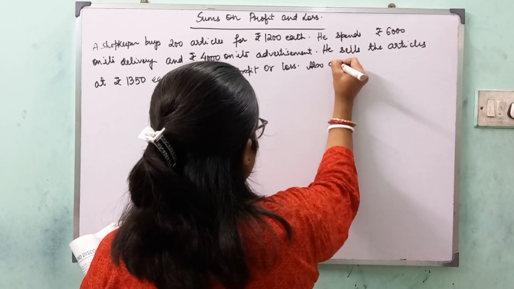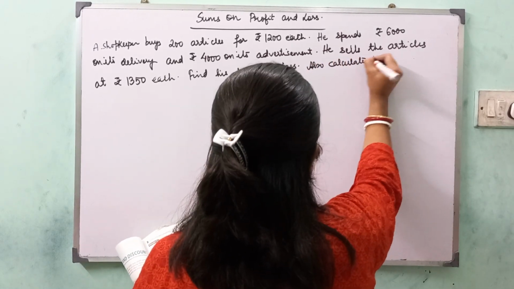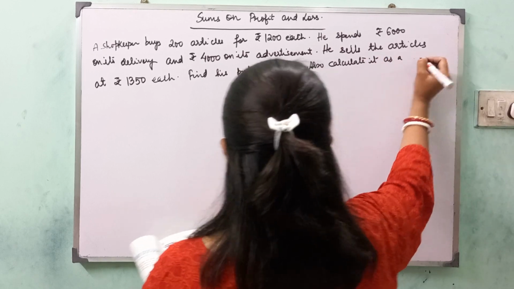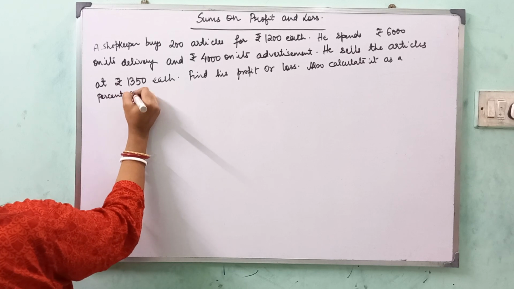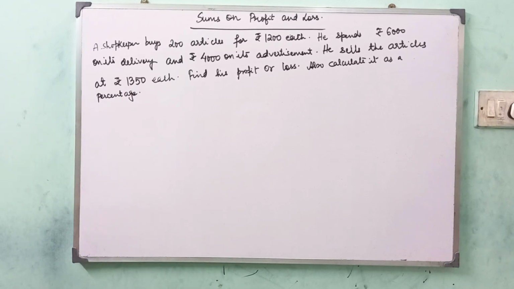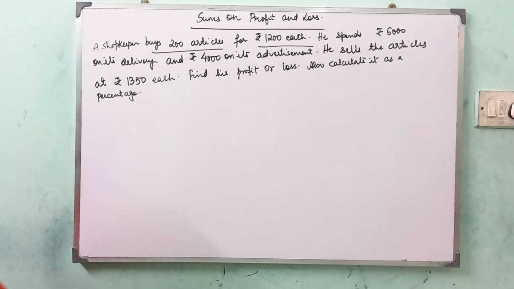Also calculate it as a percentage. Okay. The sum says there is a shopkeeper who buys 200 articles for rupees 1200 each.